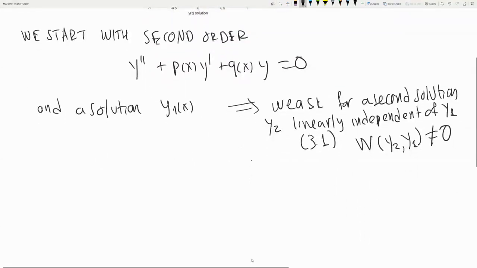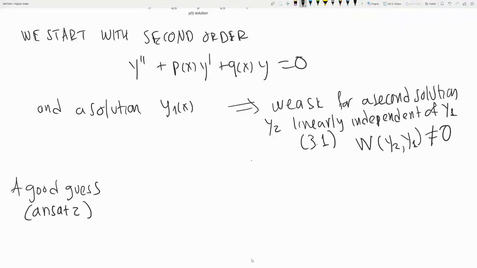Now it turns out that a good guess, also called ansatz, is y2 defined as y1 times some function u(x) yet to be determined.